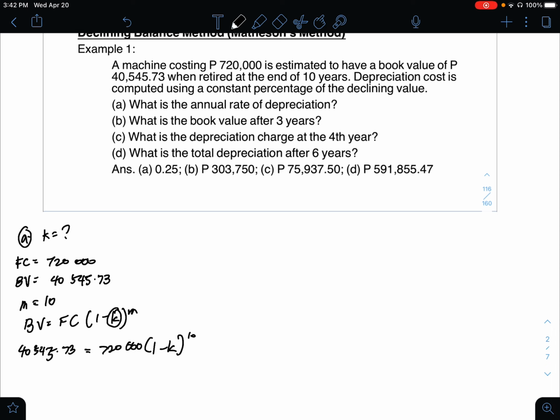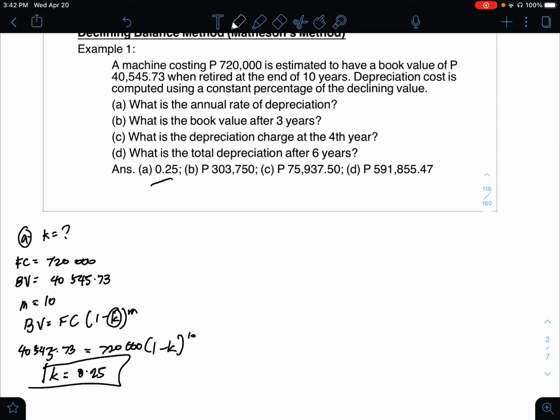So therefore, if we're going to shift solve, we can get k as 0.25, and that is the annual rate of depreciation, or that's 25%.